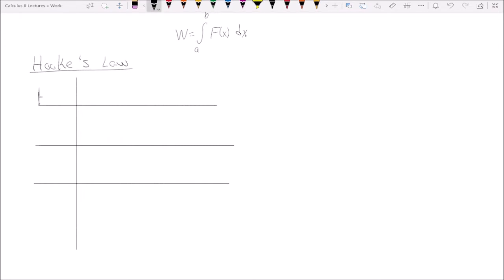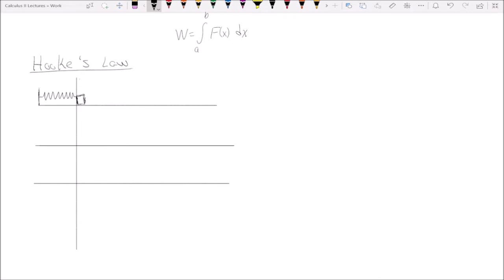And so the spring is attached to some object.